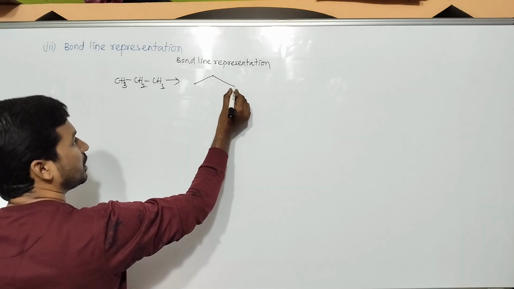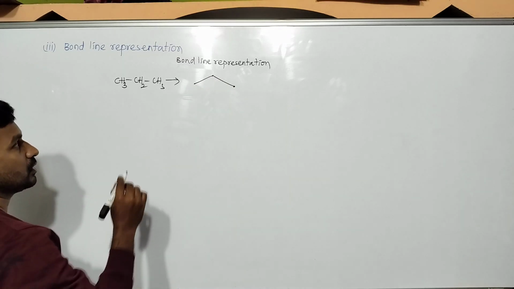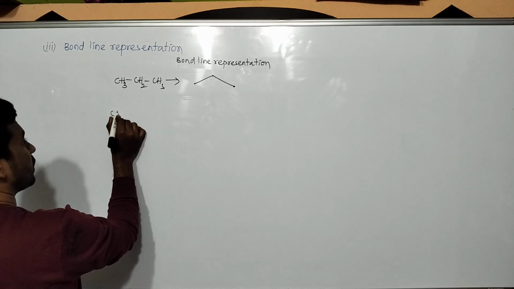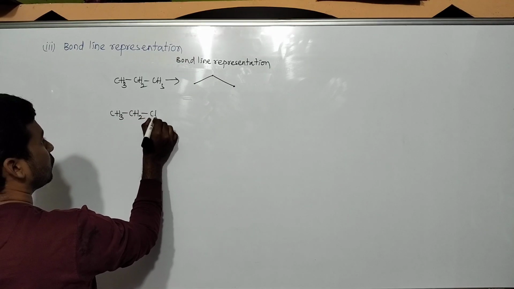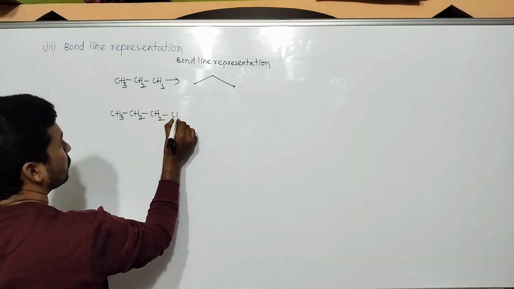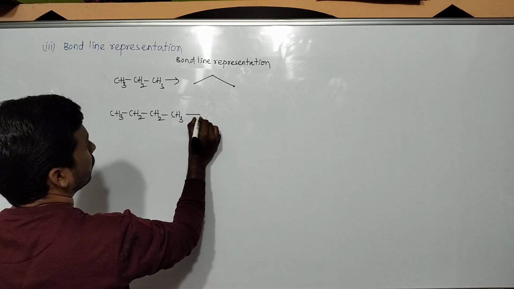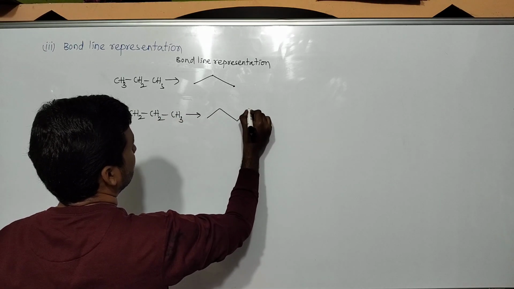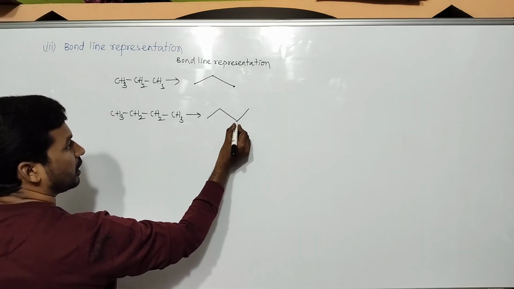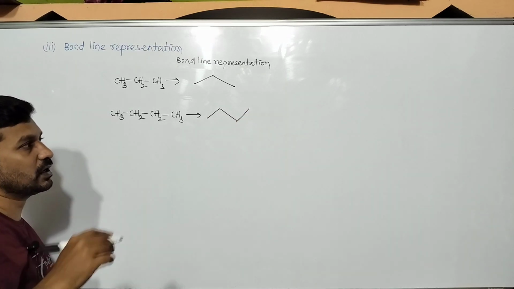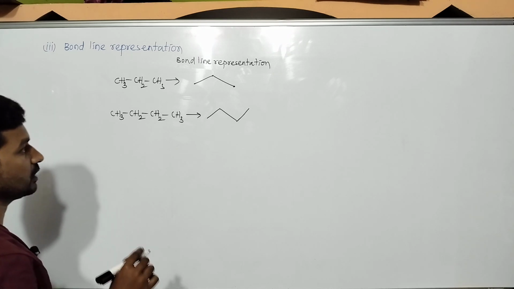Zigzag means minima and maxima like this. And butane, CH3 CH2 CH2 CH3. For these four carbon atoms, every end of the line and every turn of the line is assumed to be carbon.